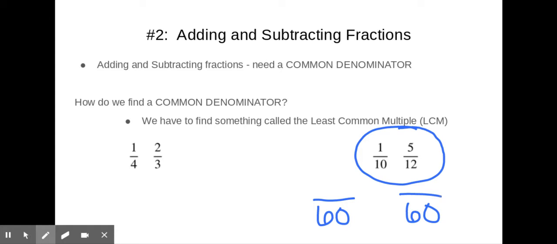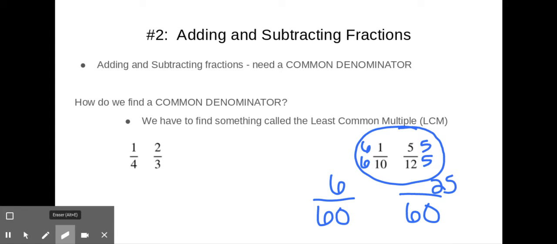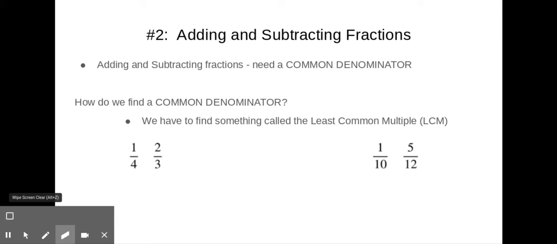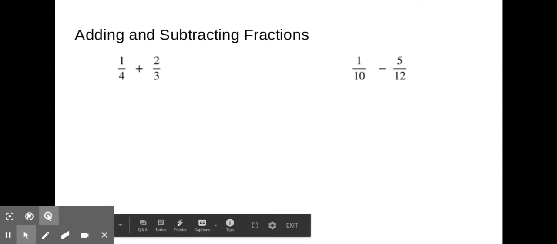To get 10 to be 60, I have to multiply the top and the bottom by 6. To get 12 to be 60, I have to multiply the top and the bottom by 5. And now I have common denominators. Try these right now.